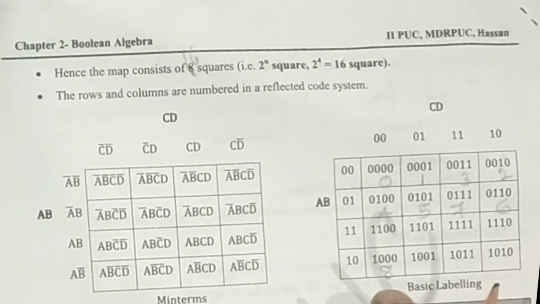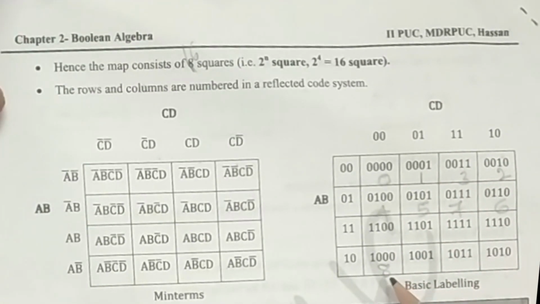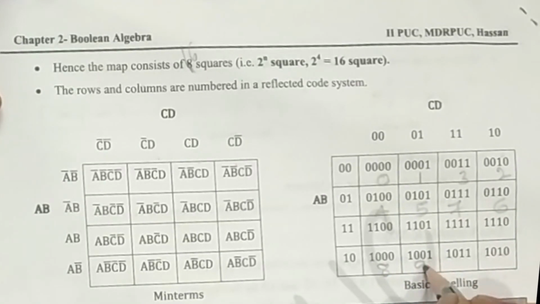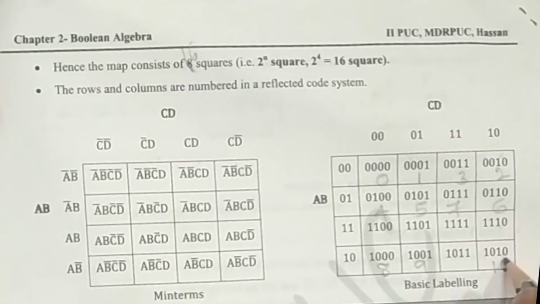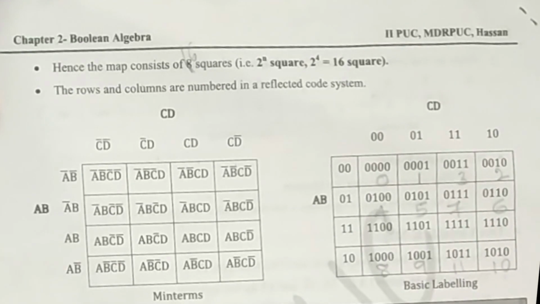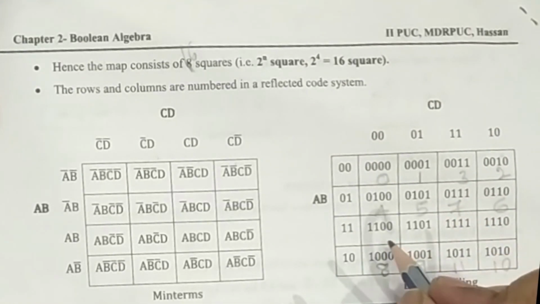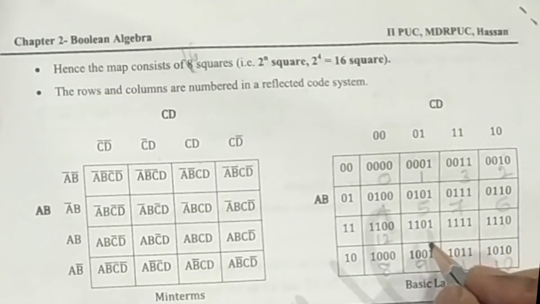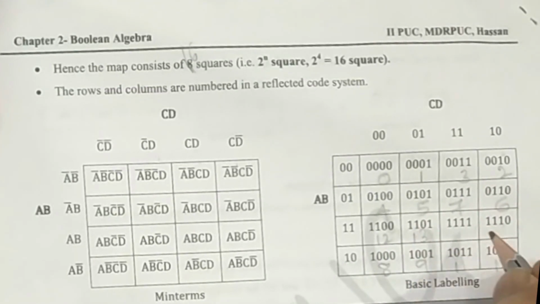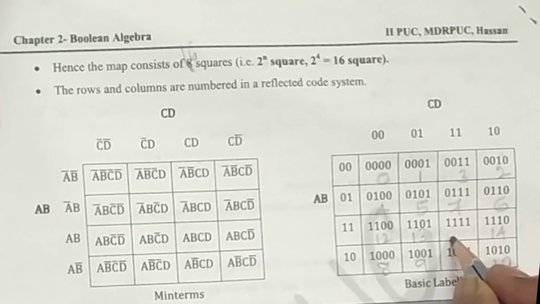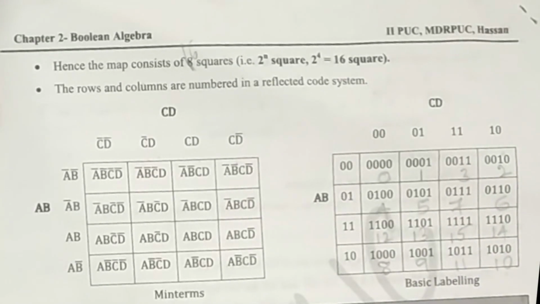Then 8 is here. You can see 1000 is 8, correct? So 8 is here, 9, then this is 10, this is 11, and then 1100 is 12, 13, 14 and then 15.